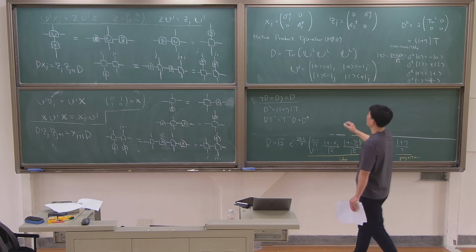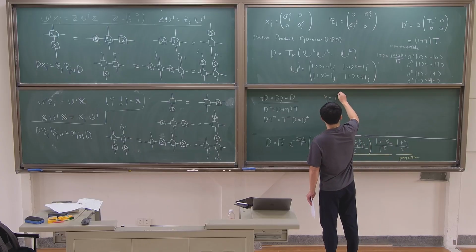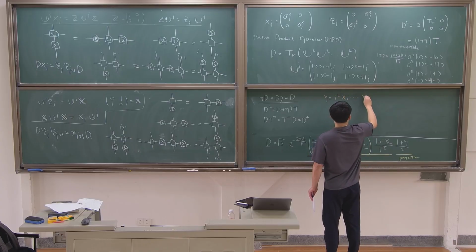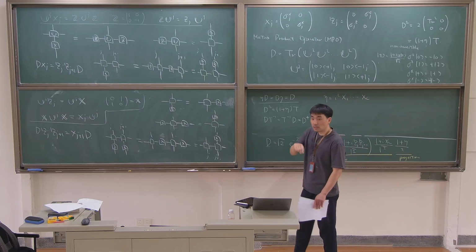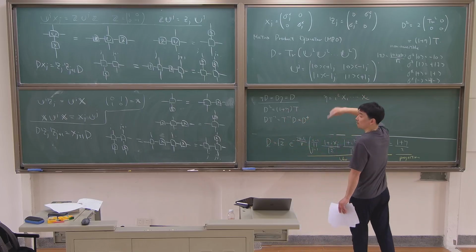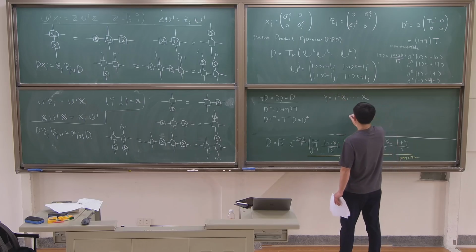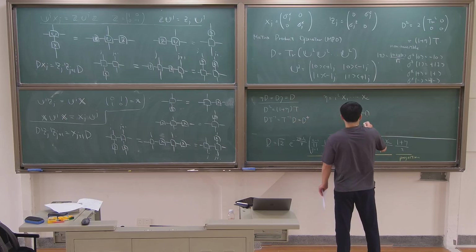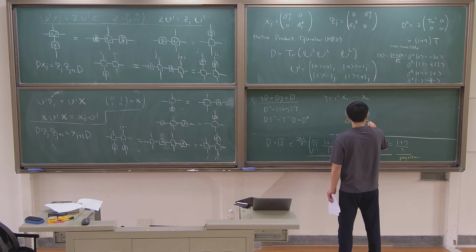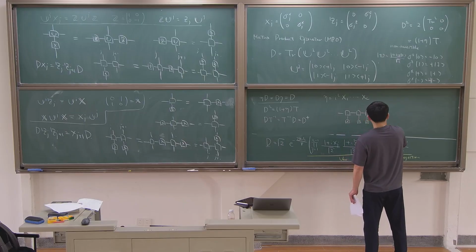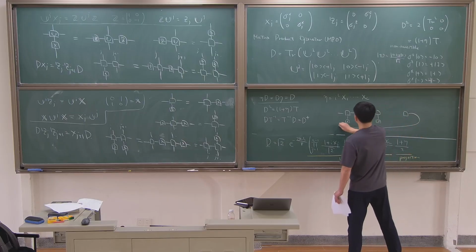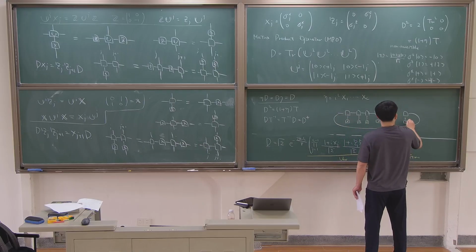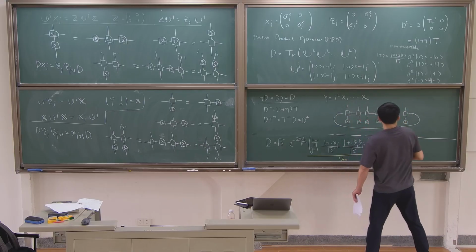So recall that eta can be understood as the product of X1 through XL. So that's the eta we defined, the sign flip operator. So this can be understood as the following. So D times eta times D is something like this one. Okay, like this one.